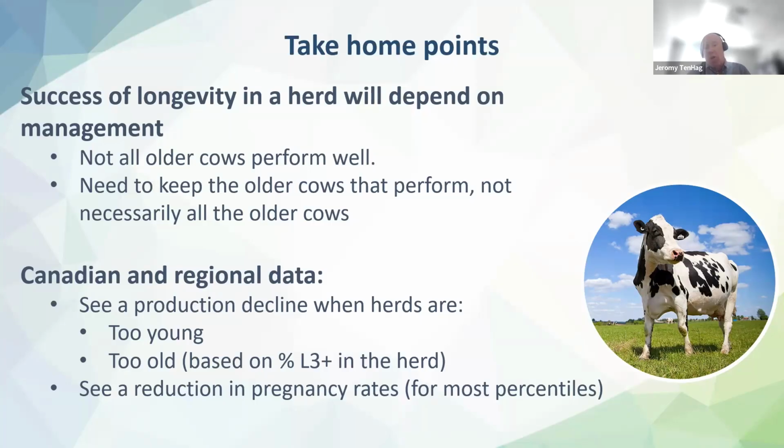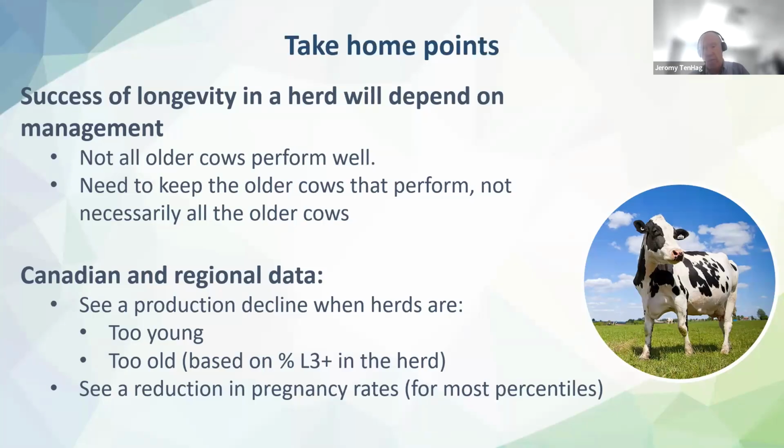Knowing when it's time to cull cows in general, whether first lactation or older cows, takes management and judgment, and we can't be afraid to make those calls. When we look at Canadian regional data, I think we do see productivity decline when herds are too young and when they're too old.